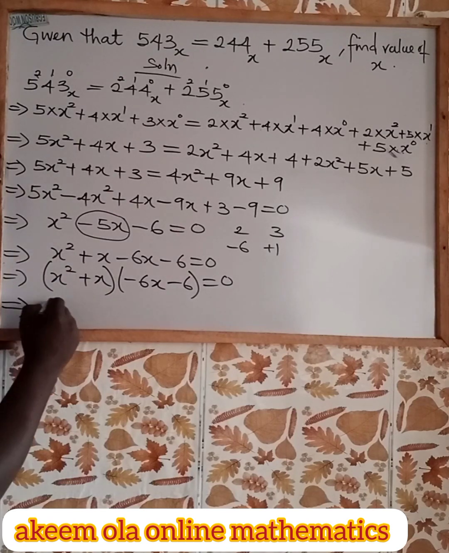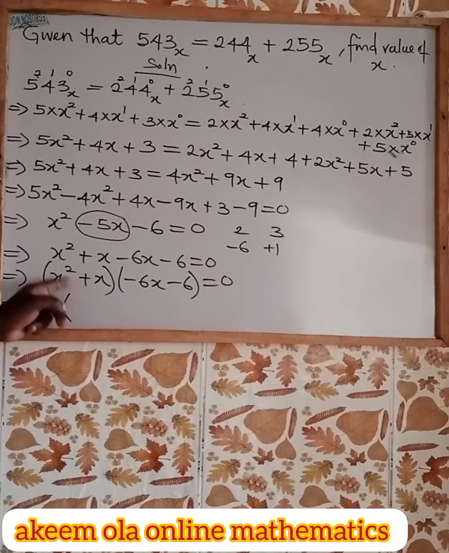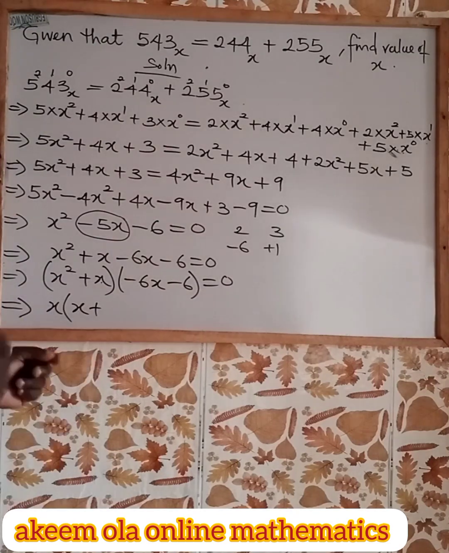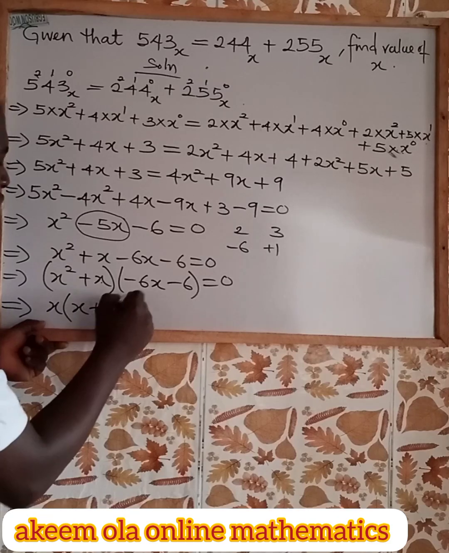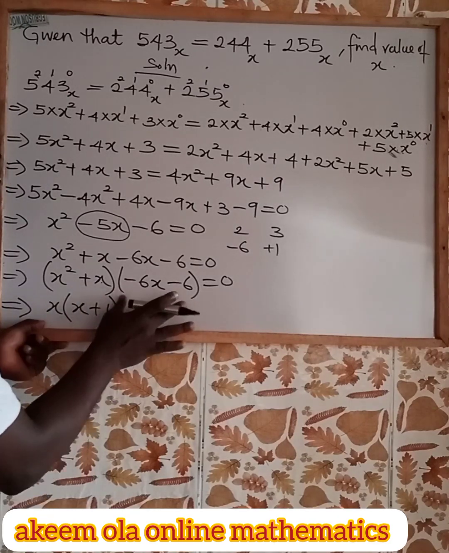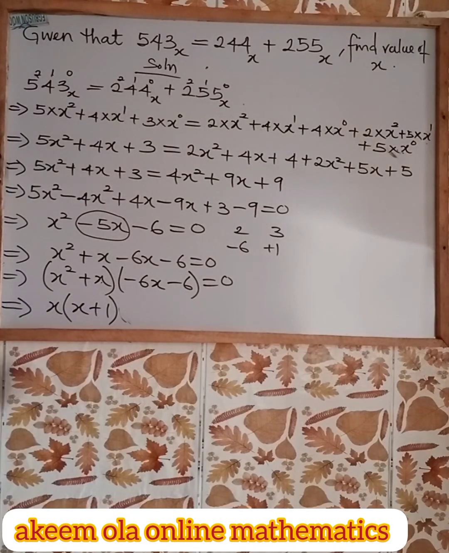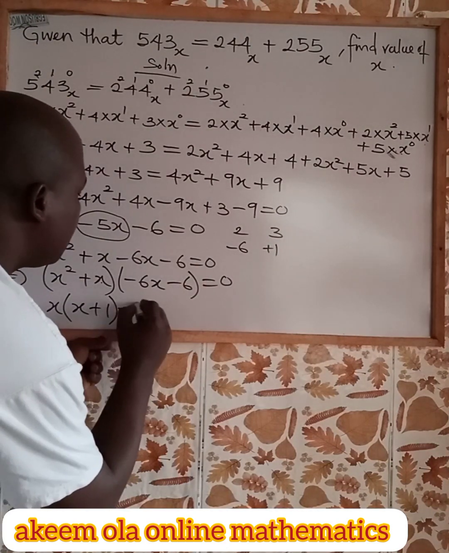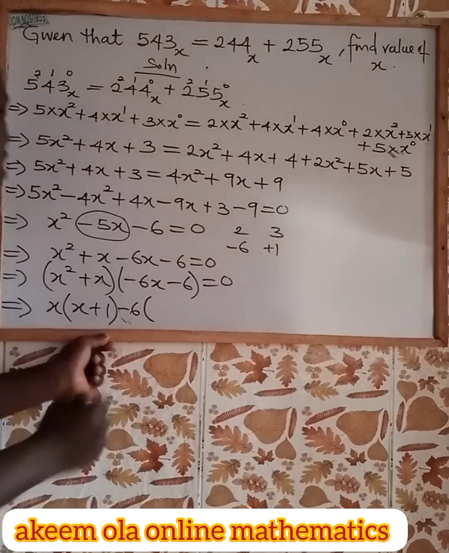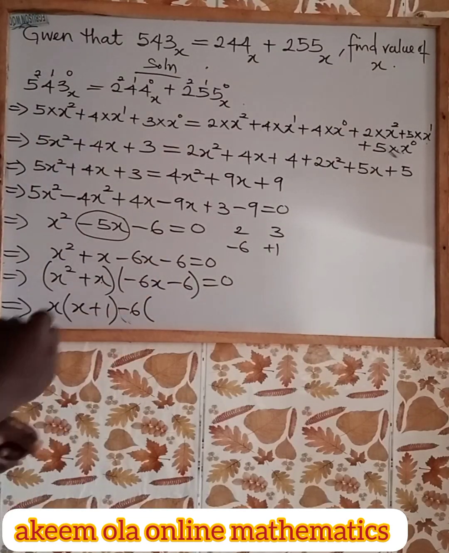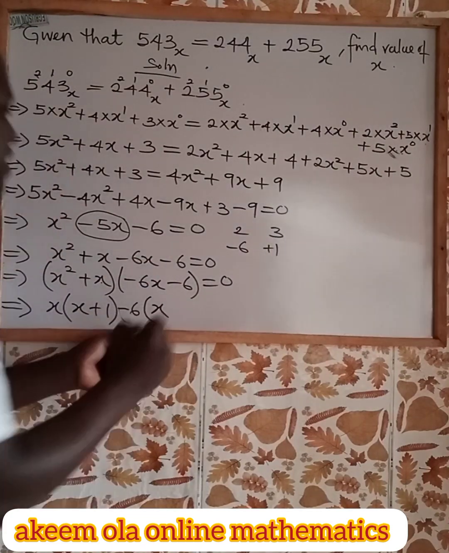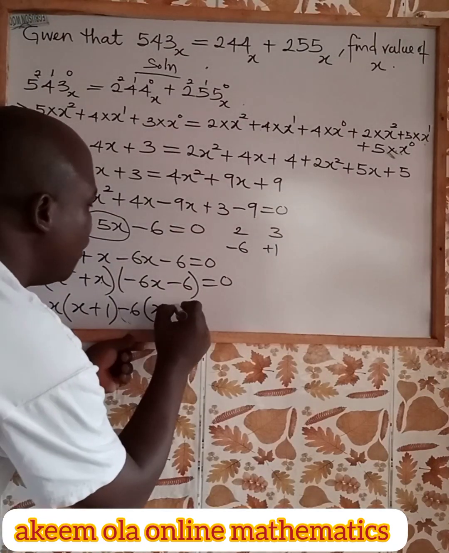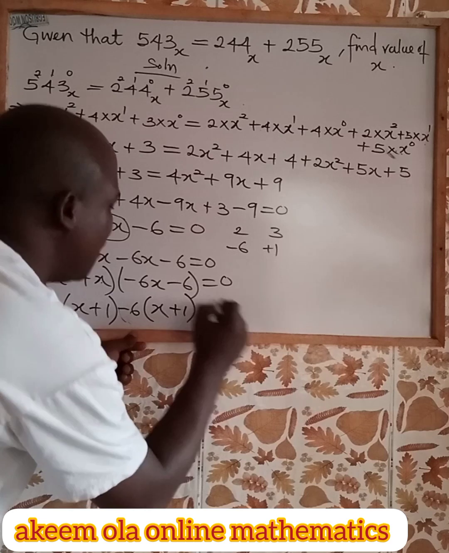Move the x out. I can now write x squared divided by x, I have x, plus x divided by x, I have 1. In the other bracket, you will notice that minus 6 is common to them. Move the minus 6 out. Then minus 6x divided by minus 6 will surely give us x, and minus 6 divided by minus 6 will give us plus 1, is equal to 0.